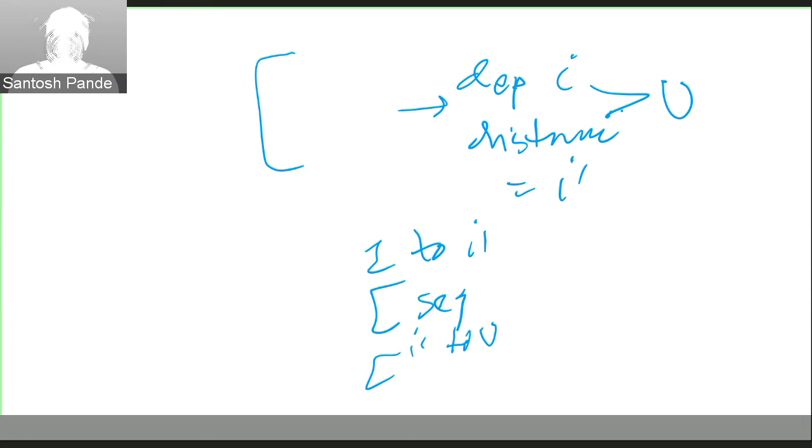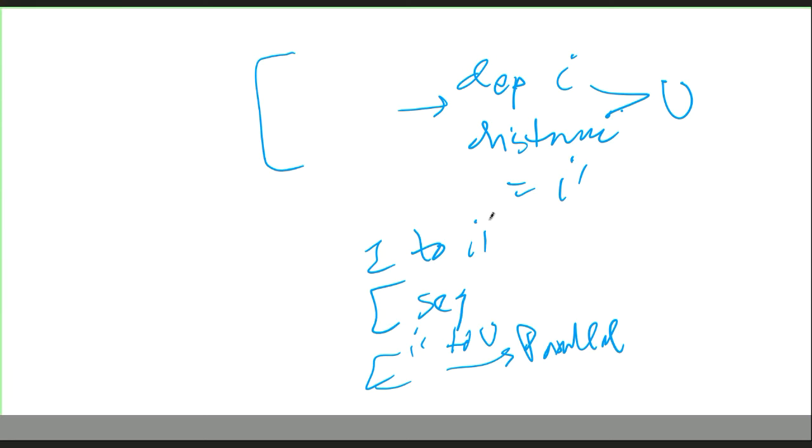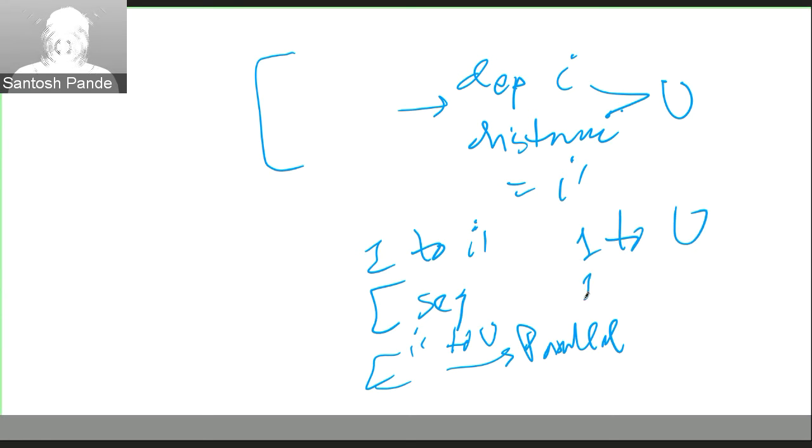The dependence distance has exceeded the loop bounds for this particular range. This is a parallel version. And so that way we do the splitting of the range from 1 to U into 1 to I dash, which is sequential, and then I dash to U as the parallel. And that way we can get a substantial part of the loop to execute in parallel.